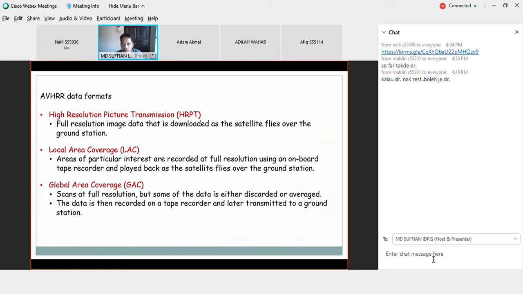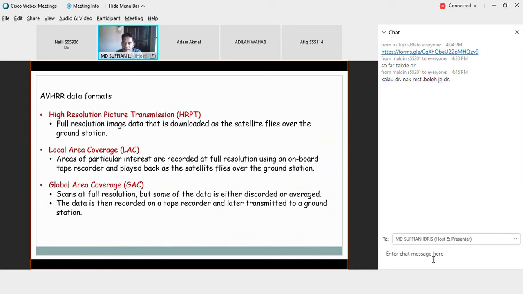Tetapi kalau untuk LAC, local area coverage, and GAC, global area coverage, biasanya dia akan save dalam tape ataupun kita panggil sebagai tape recorder. Dan apabila satellite tu lalu di ground receiver ataupun ground station, dia akan play back tape recorder.